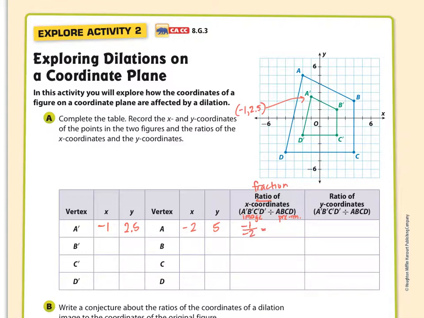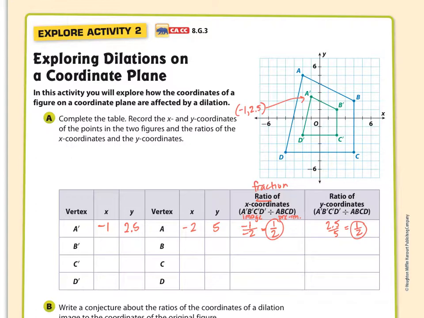I could change it into a decimal if I wanted to, but it becomes 1/2, because a negative divided by a negative is positive. I'm going to do the same thing with the y-coordinates. The y-coordinate for my image is 2.5, and for my pre-image it's 5. So I get 2.5 over 5, which comes out to the same fraction of 1/2.